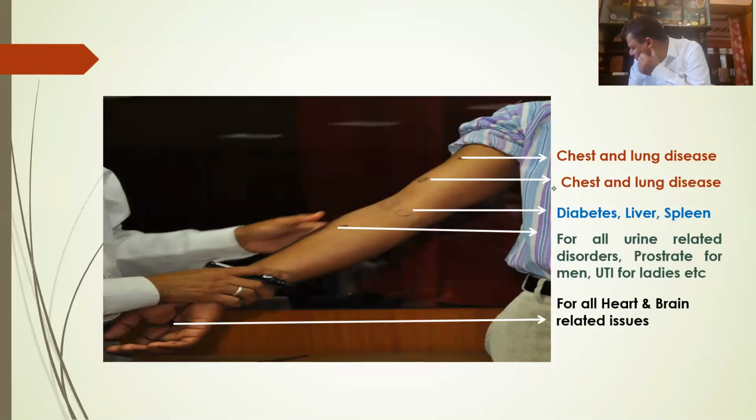Watch this point; it is known as the Vidhur Marma. Vidhur, as you know, is a character of the Mahabharata. How can you stimulate it? Put your finger like this and give stimulation this way, 15 to 18 times, with a duration of 0.8 second.